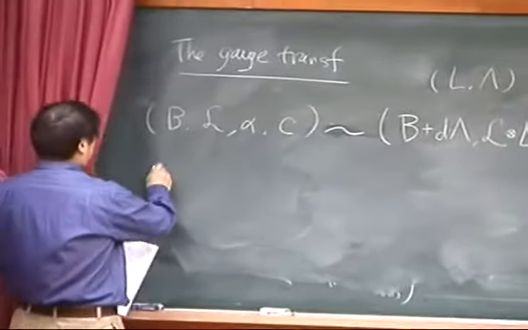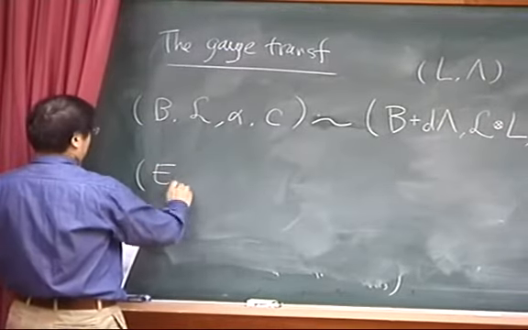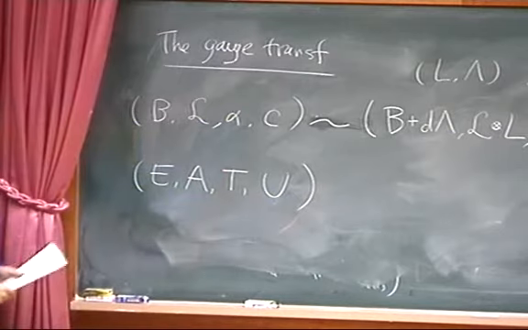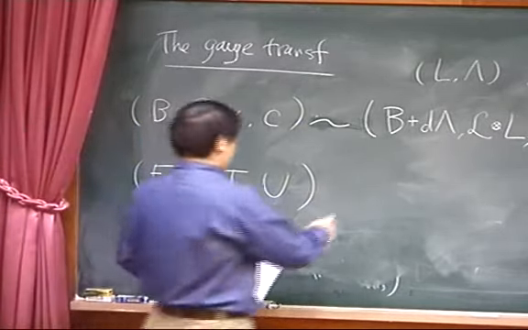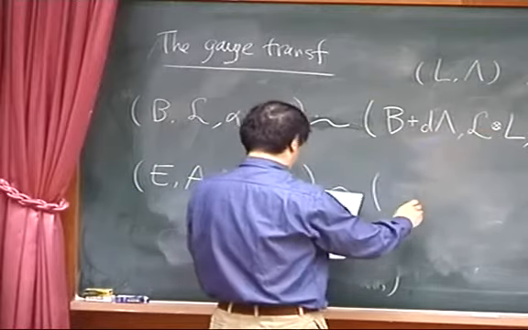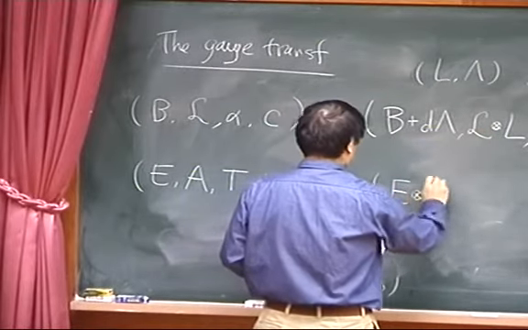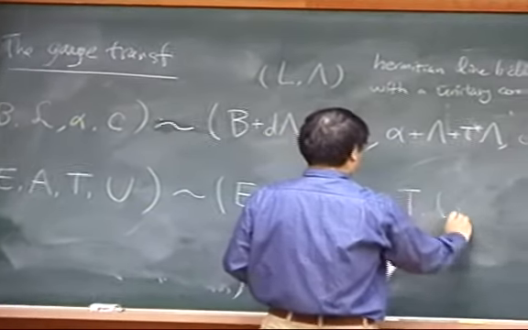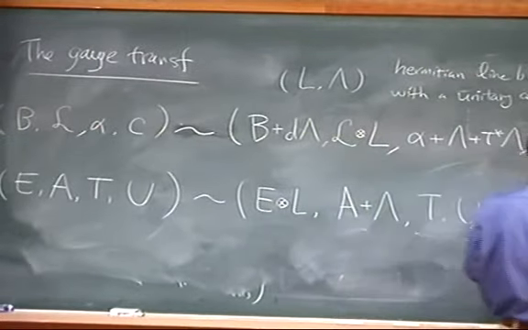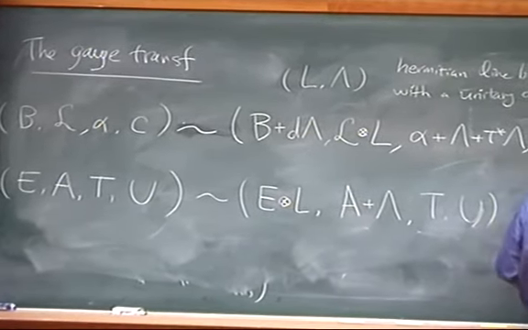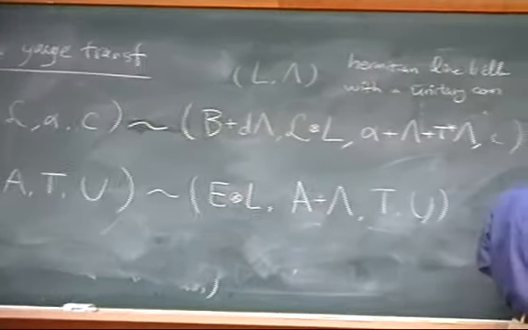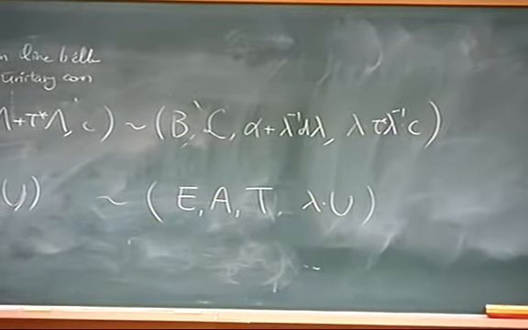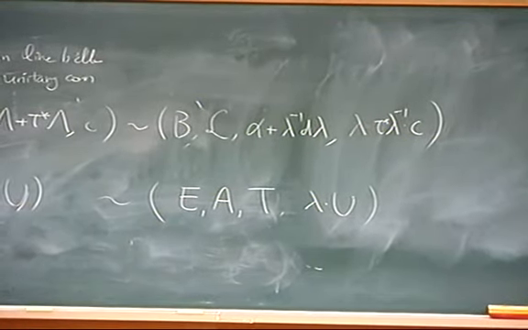And this corresponds to the following transformation of this D-brane data. So the D-brane data now has this U isomorphism. This is transformed according to this by E tensor L. A is shifted, and then T, U. Or under this, E, A, T, and then U is multiplied by this gauge transformation, lambda.